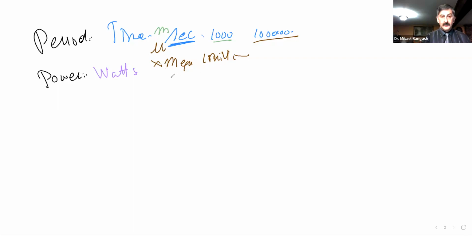You can have kilos, which is going to be thousands. You can even have fractions. A common one will be a milli, which is 1/1000 of a watt.